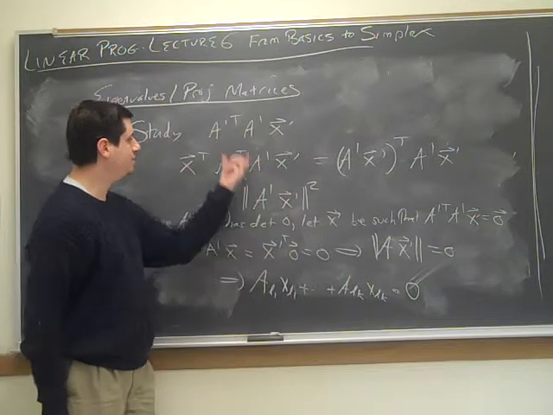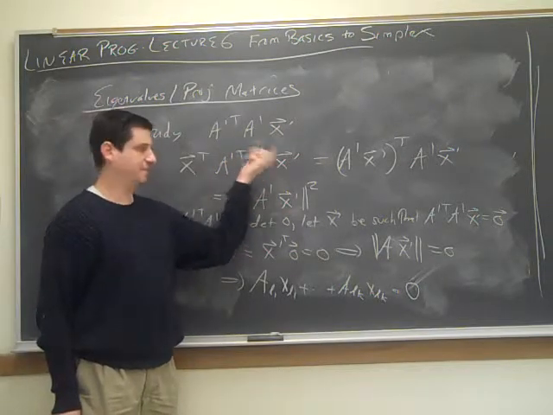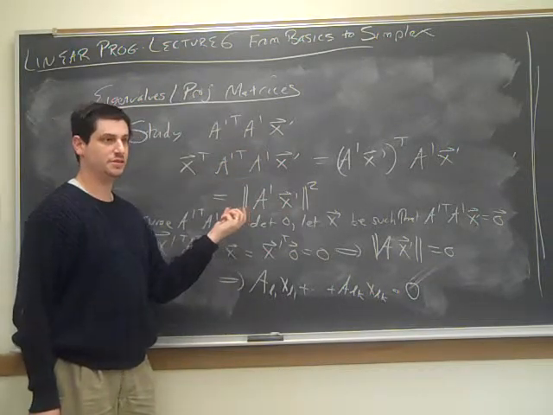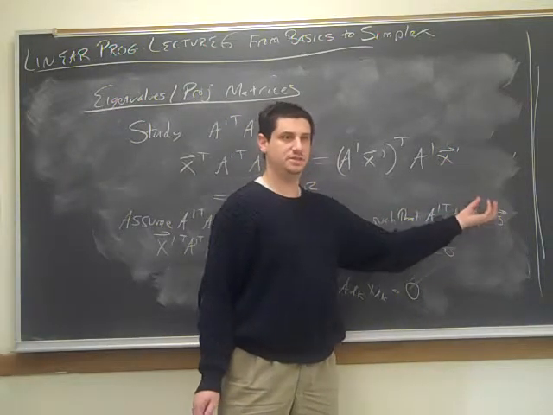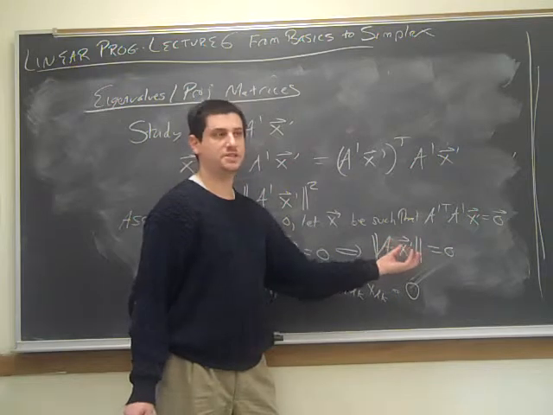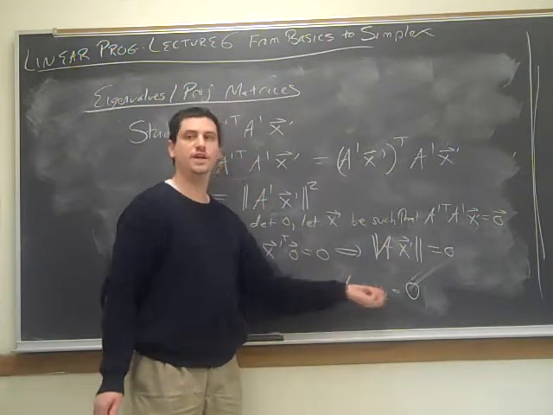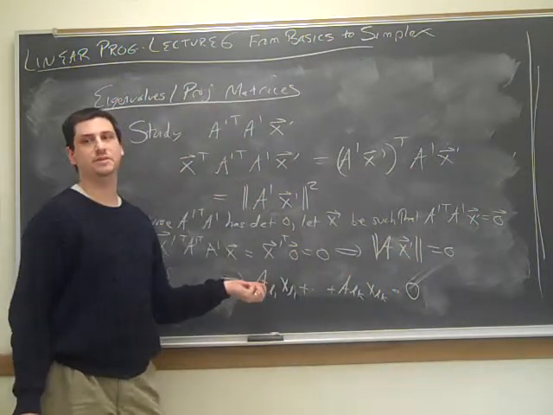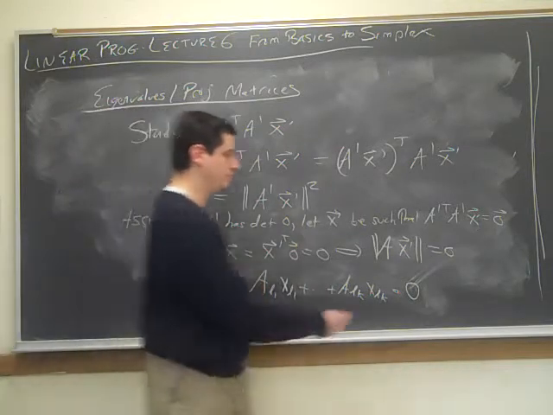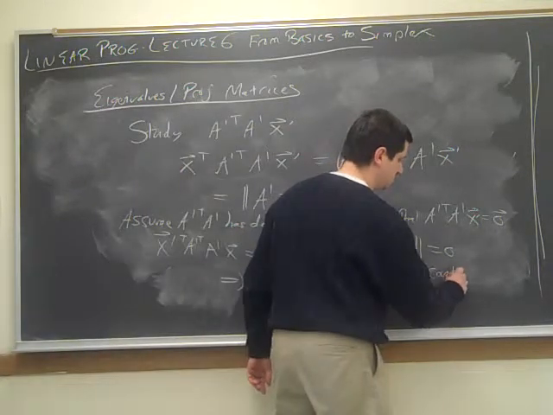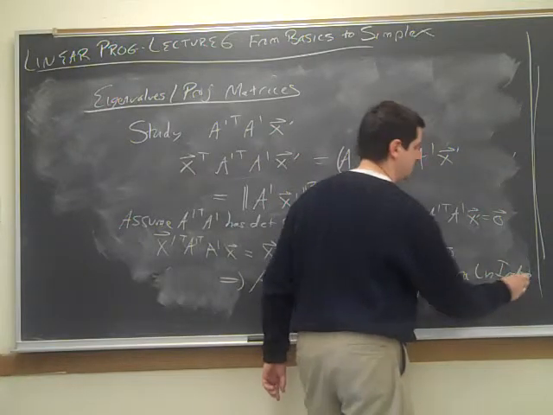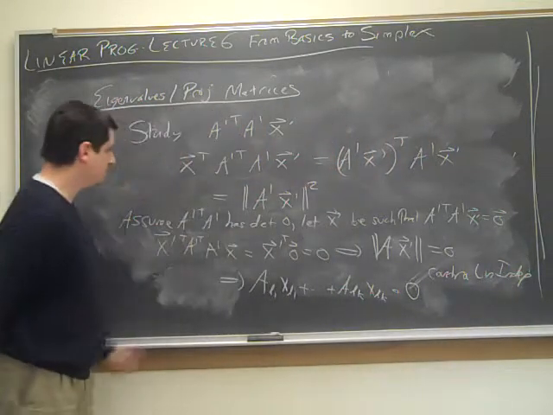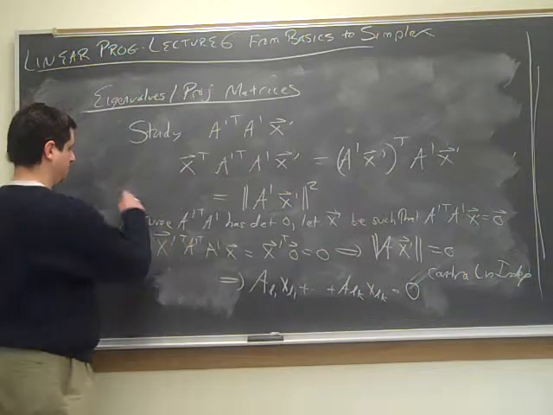And we've just shown that if this is not invertible, then I can find a choice of x such that A transpose A x is 0. That means this vector has length 0. That means this combination is 0. That means the columns are linearly dependent. So this is a contradiction. Contradicts the linear independence. So our assumption is false.